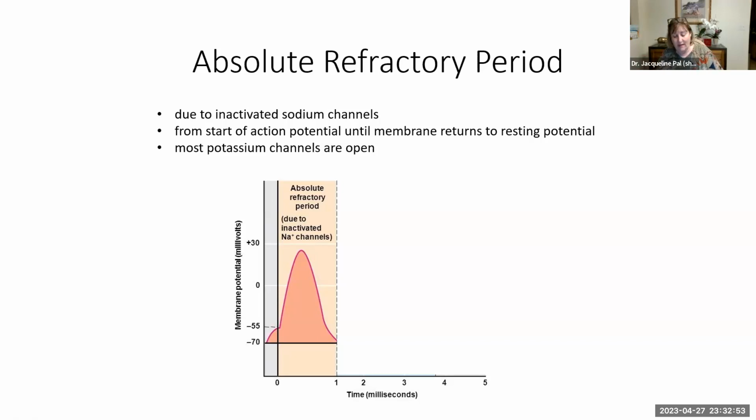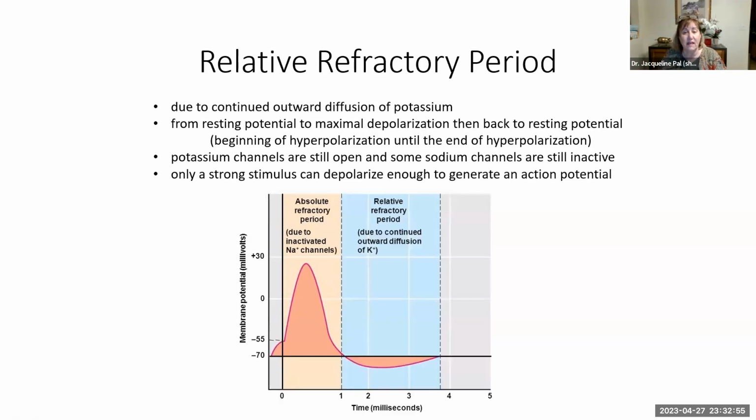However, there's another few milliseconds, about 3 more milliseconds, that things can happen if they're stronger than normal. And this is the relative refractory period. This is the time when that plasma membrane area is hyperpolarized.